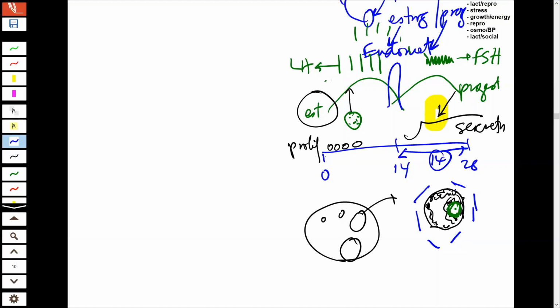So my LH stimulates the theca, and the theca makes androgens. The FSH is going to stimulate the granulosa cells, and they're going to take the androgens and make estrogen.